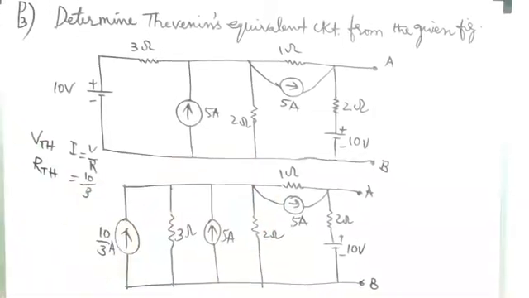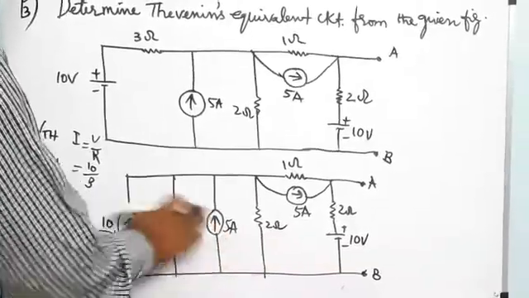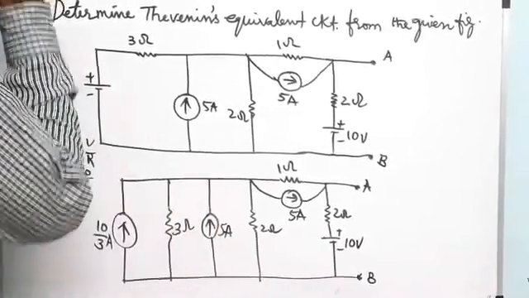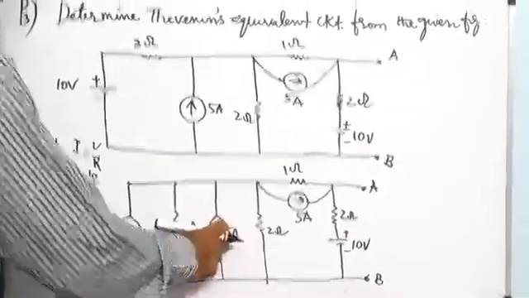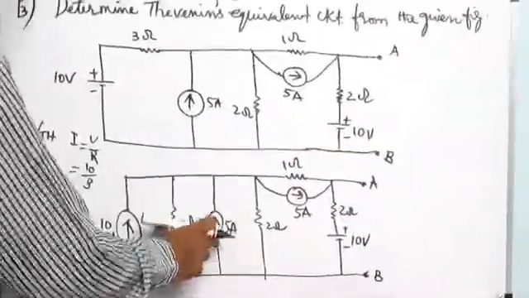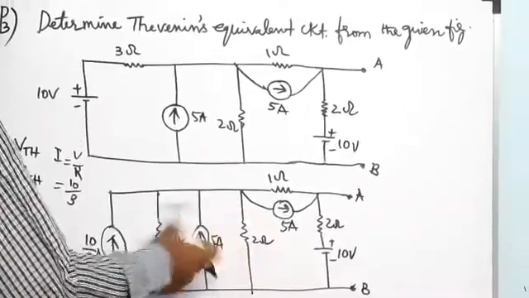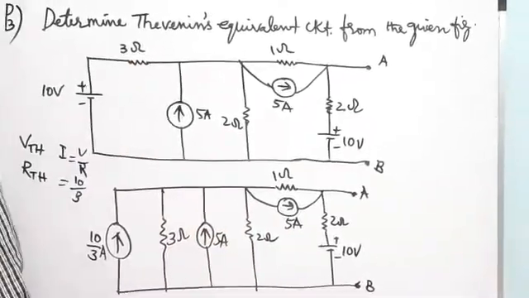Now it is perfect. Here also a current source is there, I can make it equivalent. Now 2 current sources are there. If 2 current sources are connected in parallel, you add, and the 2 resistances are in parallel connection. Okay, we'll make it equivalent.